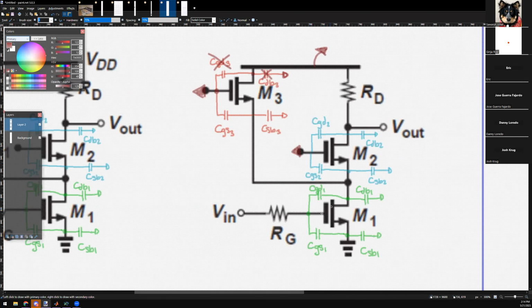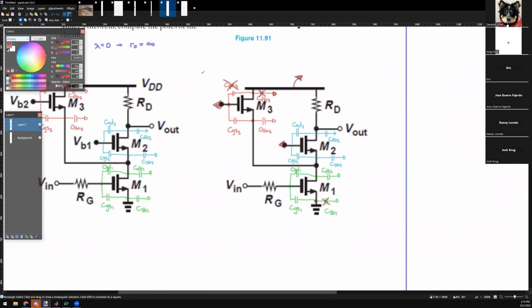And wouldn't CGS3 be out as well because it's grounded on the left side and also grounded on the, never mind. Yep. See, be careful. No, they are not correct. CSB1, yes, for sure you could eliminate because it's grounded on both sides. Yep, that is all I believe. And yeah, everything else pretty much stays there.